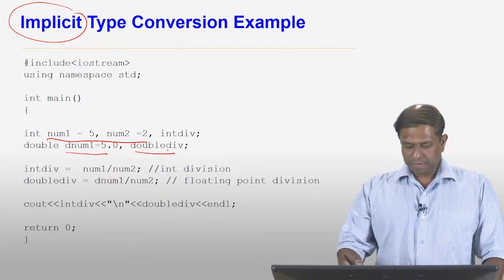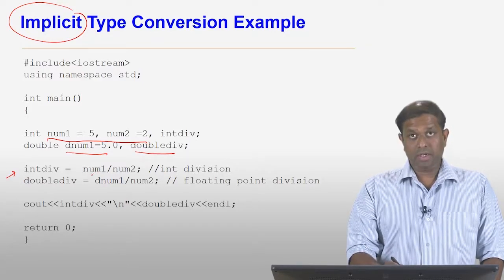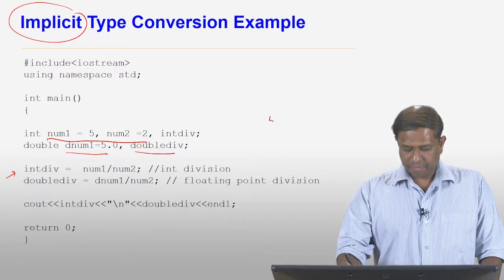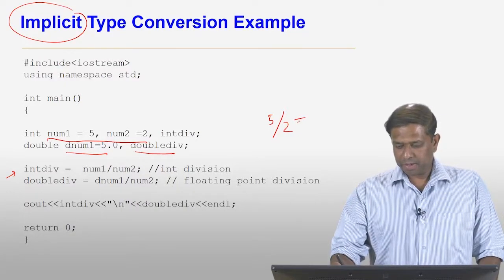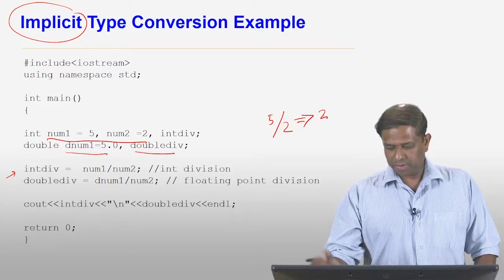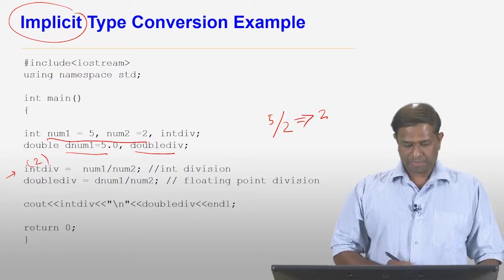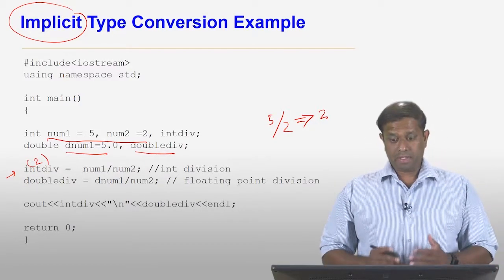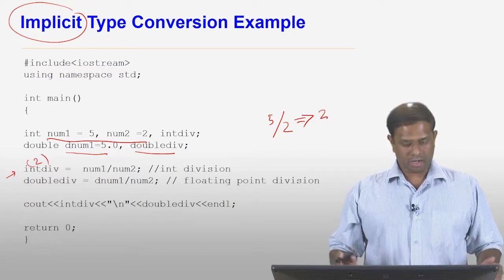In the first operation, int dev equals num1 divided by num2. num1 is 5 and num2 is 2, so 5 divided by 2 is integer division, which gives 2. So int dev has the value 2. No type conversion happens here. The only thing that happens is that when you divide 5 by 2, the decimal portion is discarded.